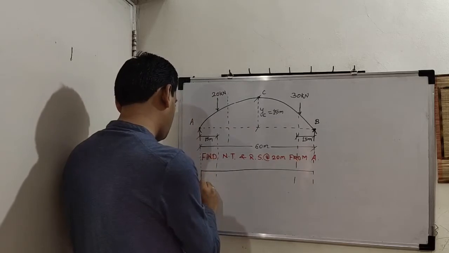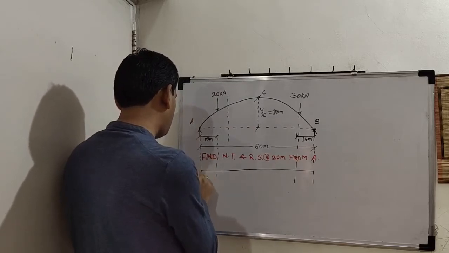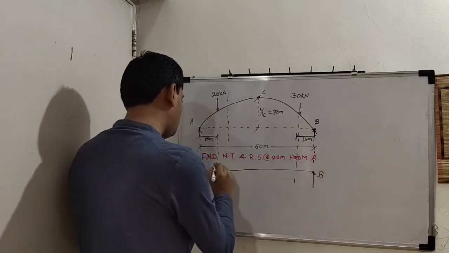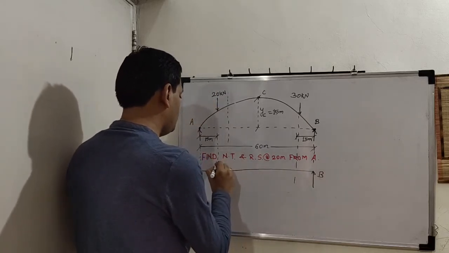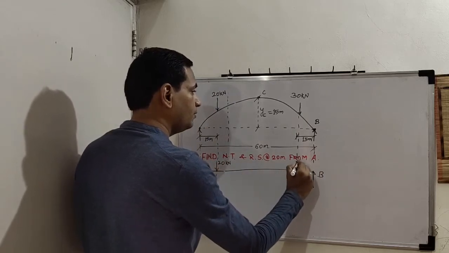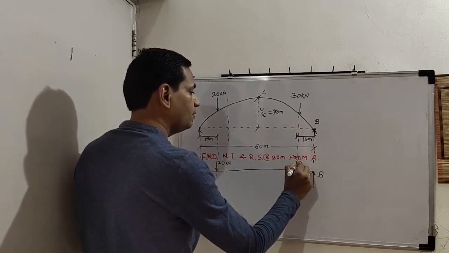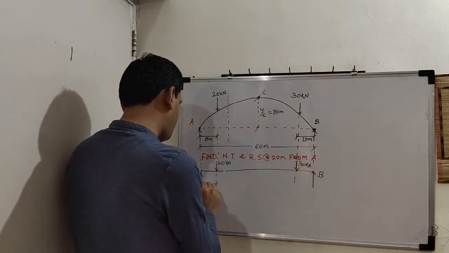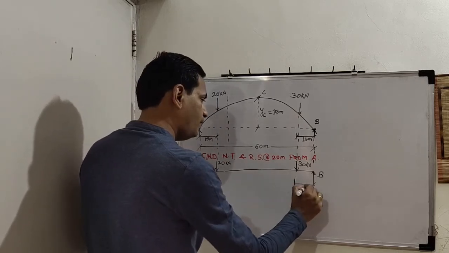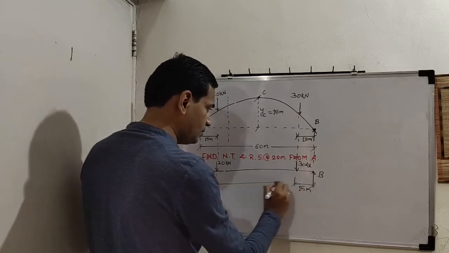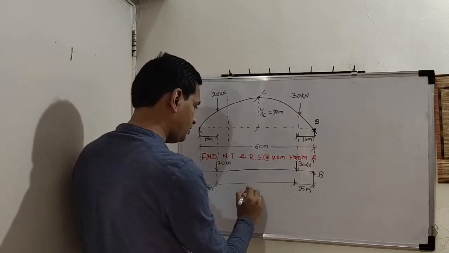So here is our simply supported beam for the given arch with these two external loadings. This distance is 15. This is also 15. So the remaining distance between these two is 30 meters.